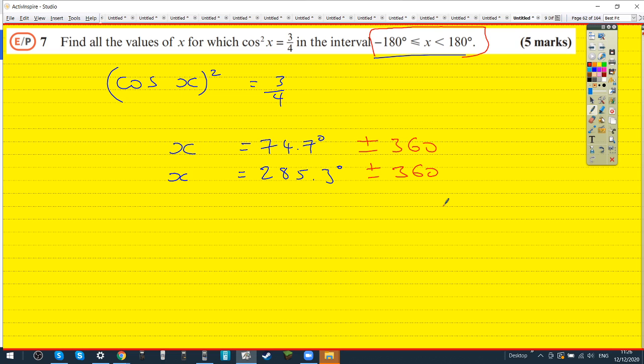I imagine the same for 74.7. So how can we get answers in the range? Could you minus 360? Yeah, try minus 360. Which is minus 285.3 for the first one.